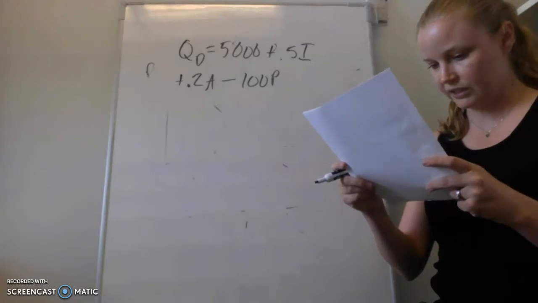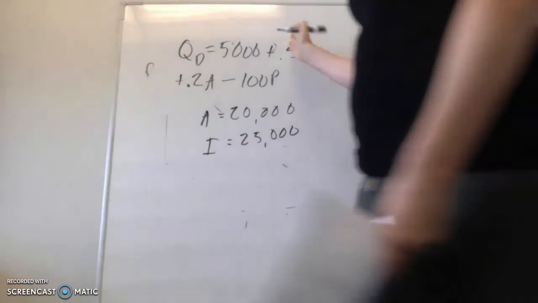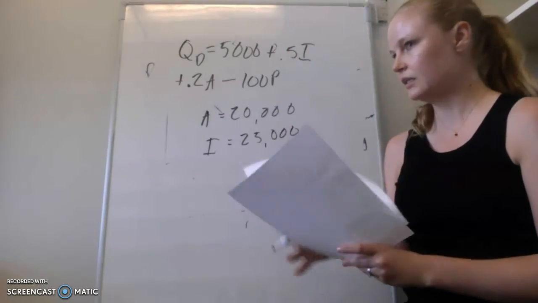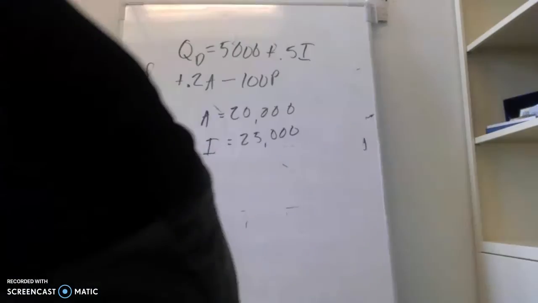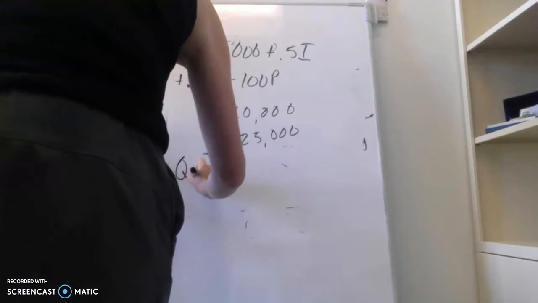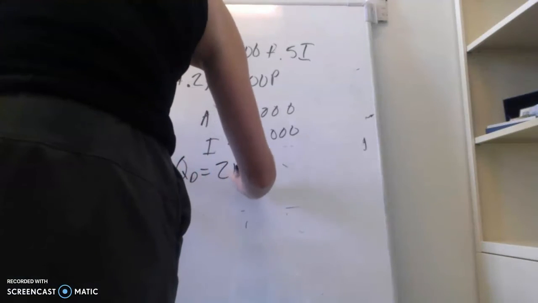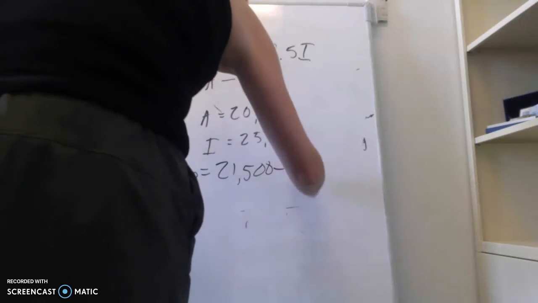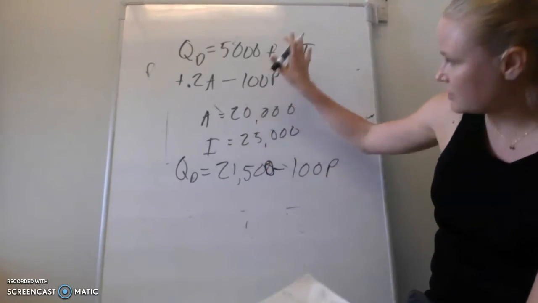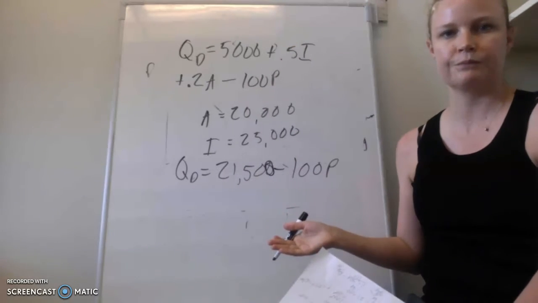So in my example here, I said if A is 20,000, I is 25,000, you literally just plug those in there, okay? So when I plugged these in there, I have my key with me. I got QD equal to 21,500 minus 100p. So that's the demand curve. So basically all the other stuff just goes into the intercept here.